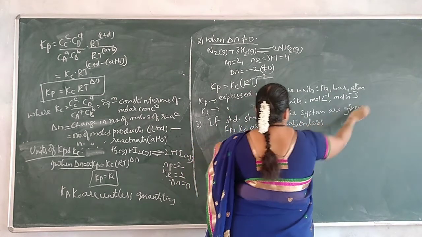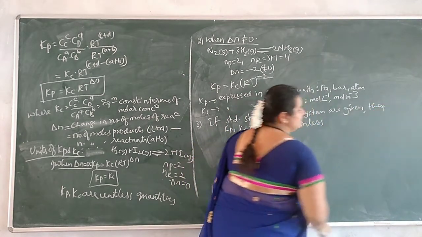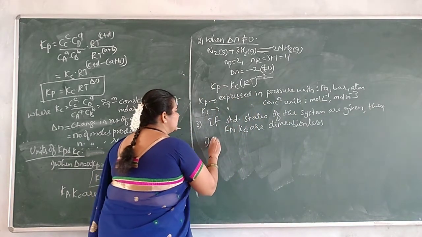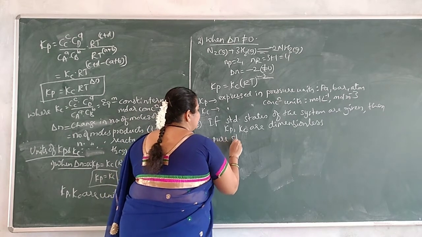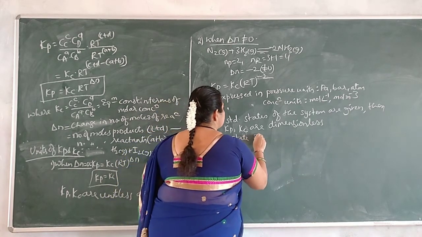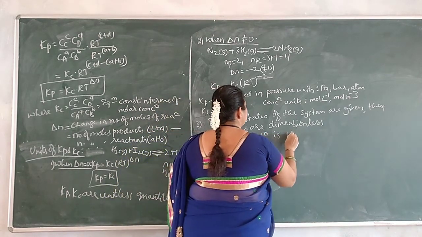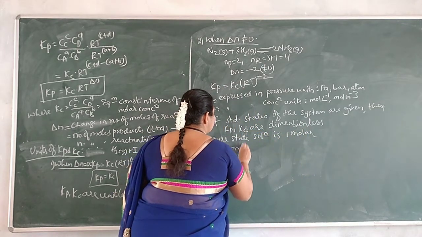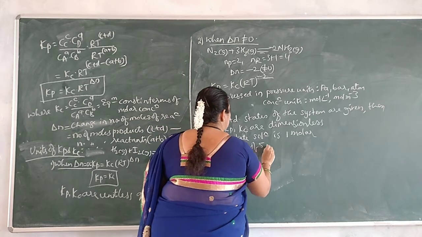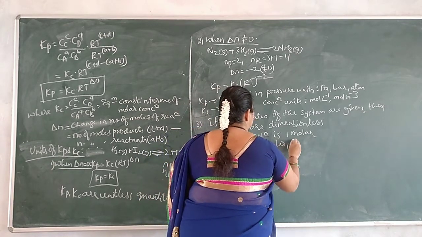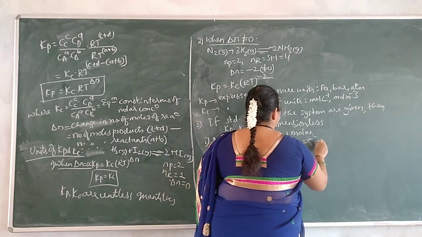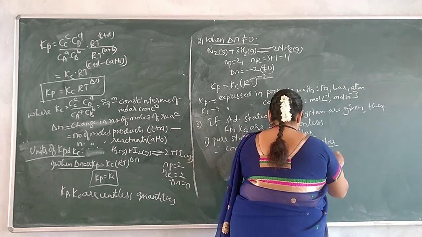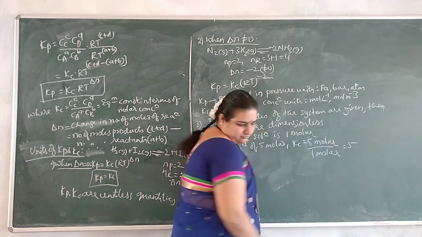For example, the pure state of solution is 1 molar. Therefore, a concentration of 5 molar can be written as Kc is equal to 5 molar divided by 1 molar, that is equal to 5.